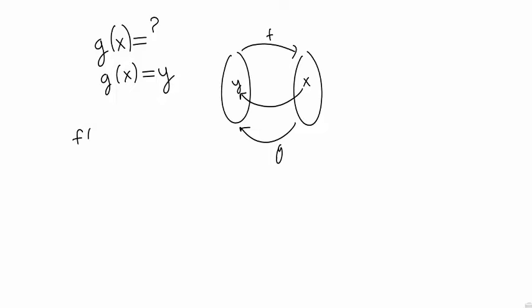Well, since f and g are inverses of each other, we know that that is x. So we know that f of y equals x. And f is 1-to-1, so y is the only input whose output is x.